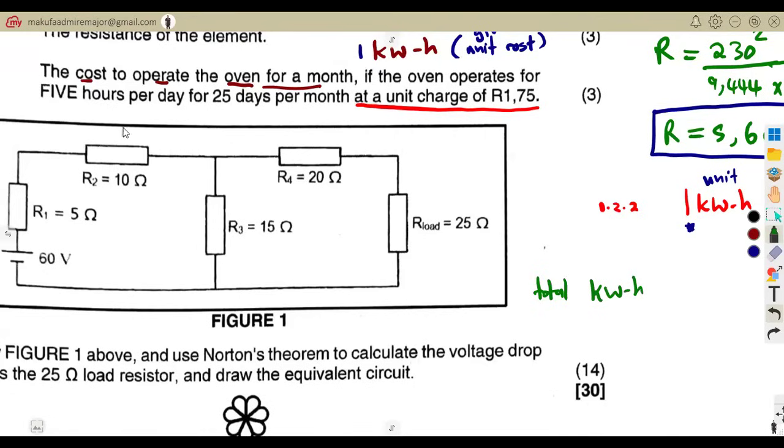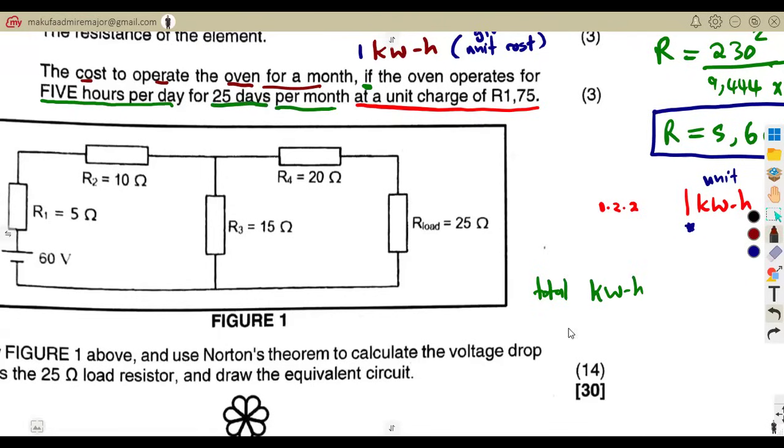What is it? They are saying the oven operates for 5 hours per day, for 25 days per month.